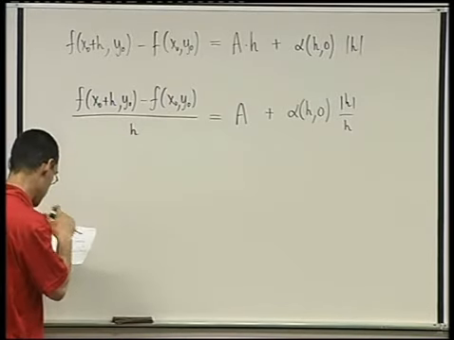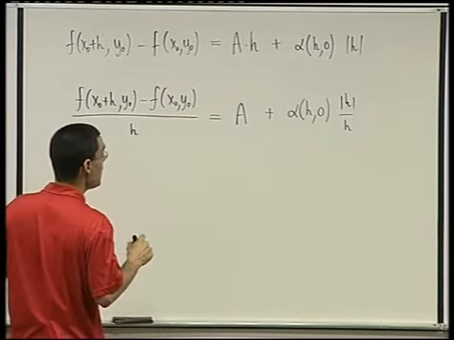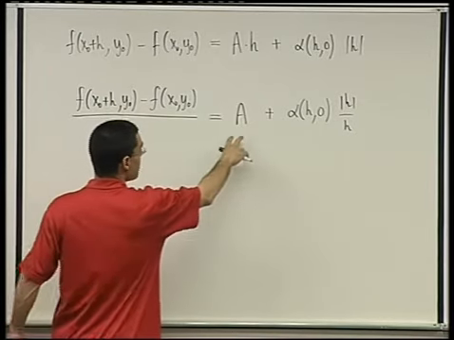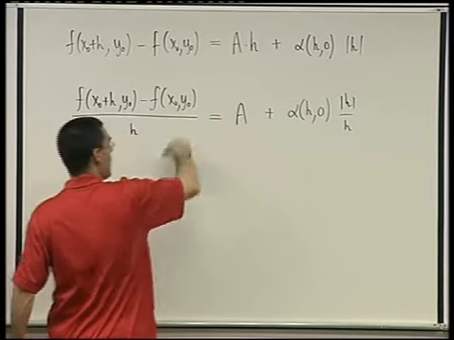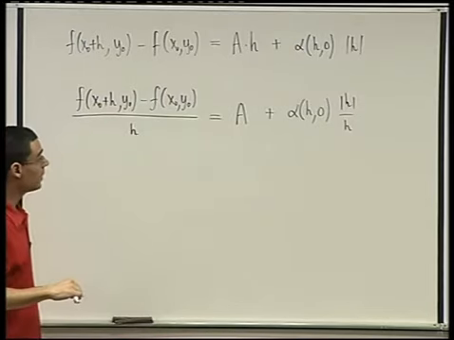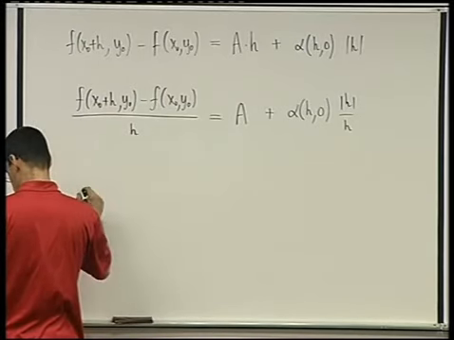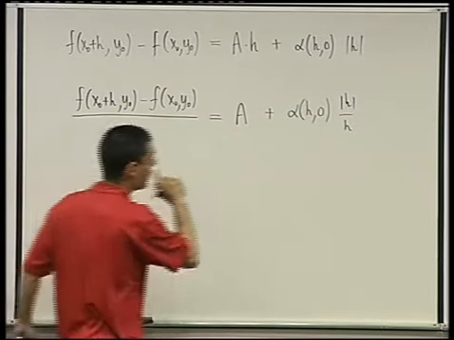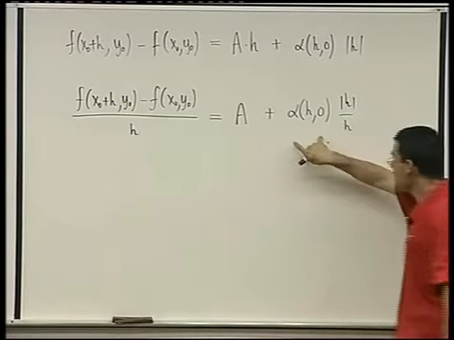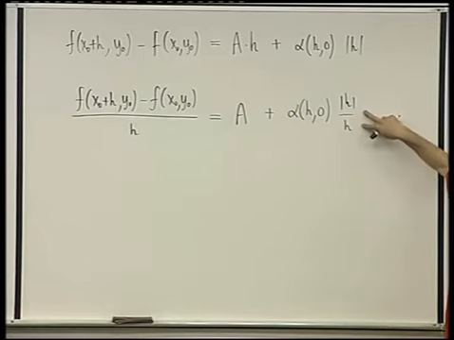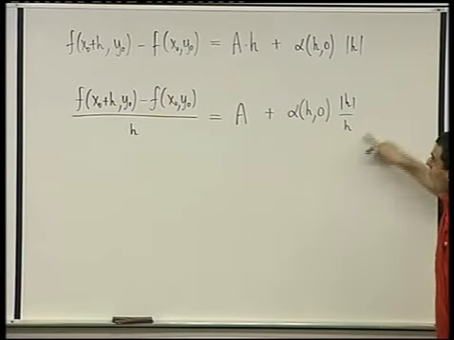I don't know, we'll see in a second. And now I'm going to move a to the other side. Okay, so, sorry, what I want to say now, as h goes to 0, what does this do?